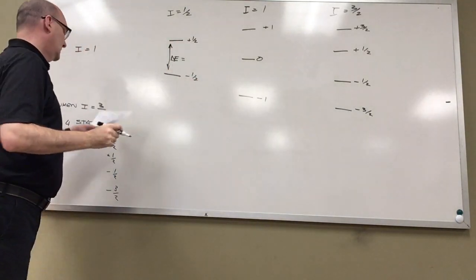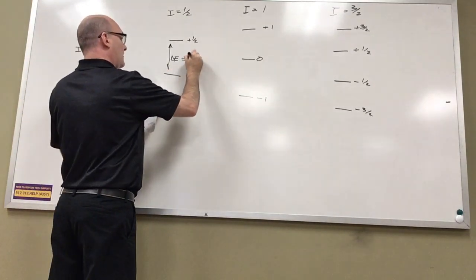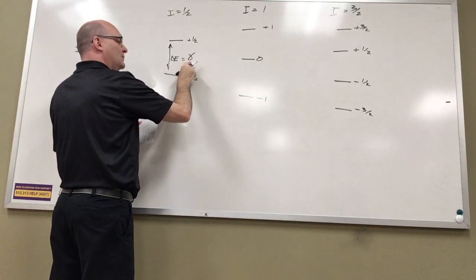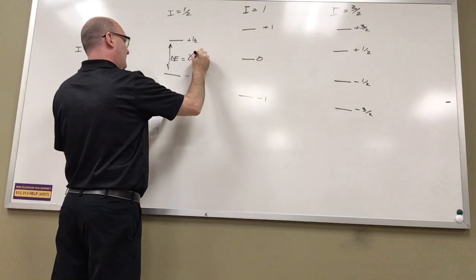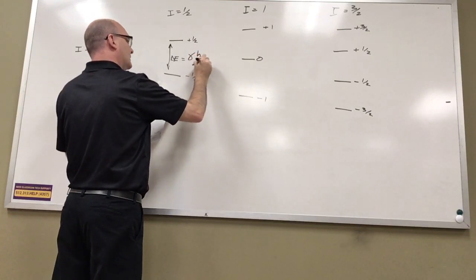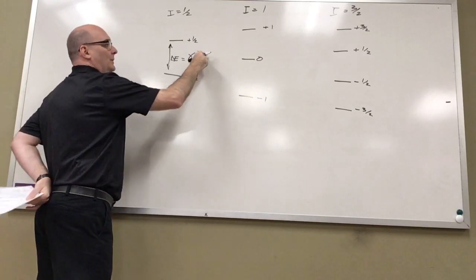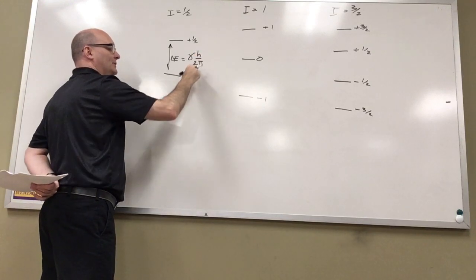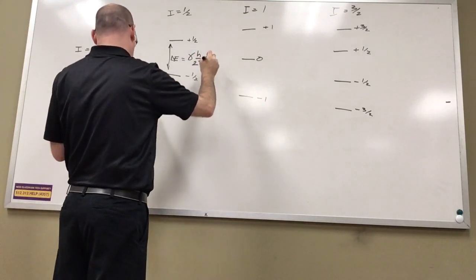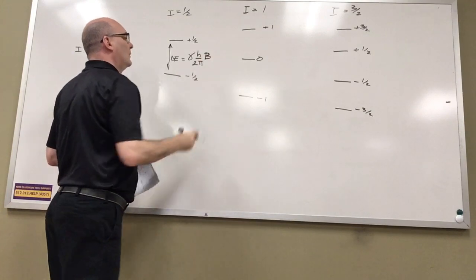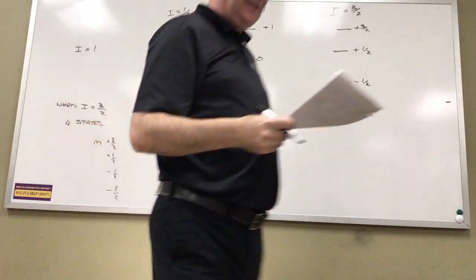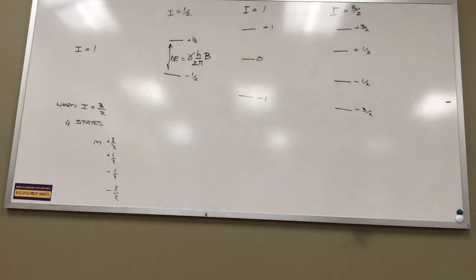Difference in energy is the magnetogyric ratio times the reduced form of Planck's constant, h divided by 2π, times what the magnetic field is.